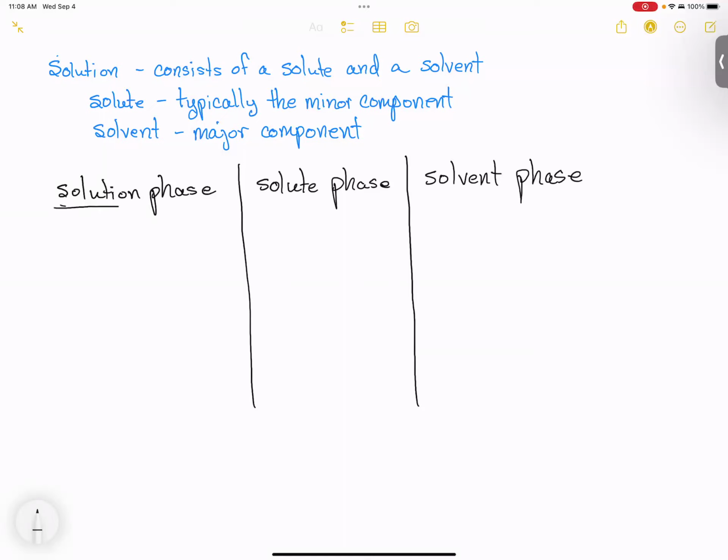An example of this is the air you breathe. The solute is a gas: oxygen, carbon dioxide, argon, other gases that are dissolved in a gas, which is nitrogen. The two together make a gaseous solution.